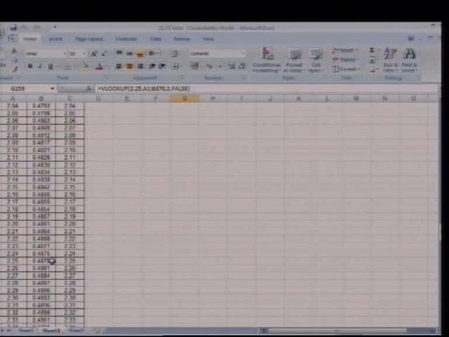It will automatically pick up if we are using the VLOOKUP formula, with the range A1 to B370, for the corresponding value of 2.25.